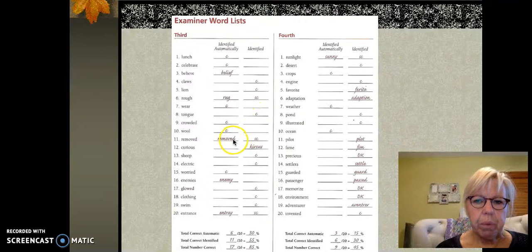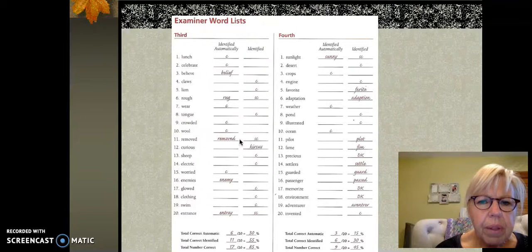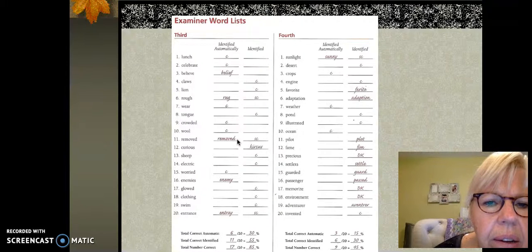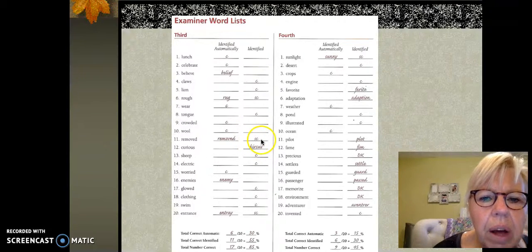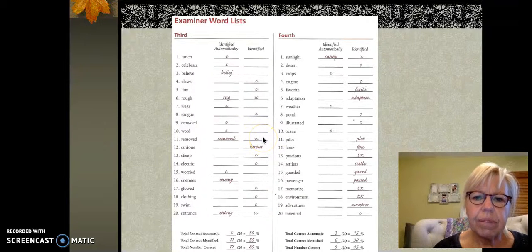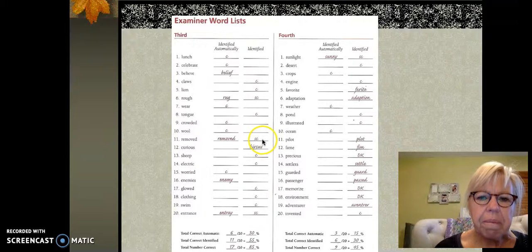Down here with removed, the student said removed, and then we've got the SC, which should stand for self-corrected, but I'm not sure why they have it written out here.